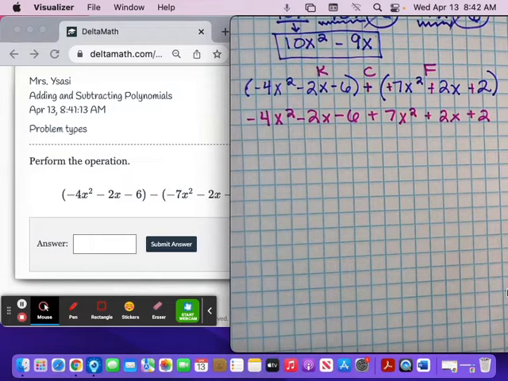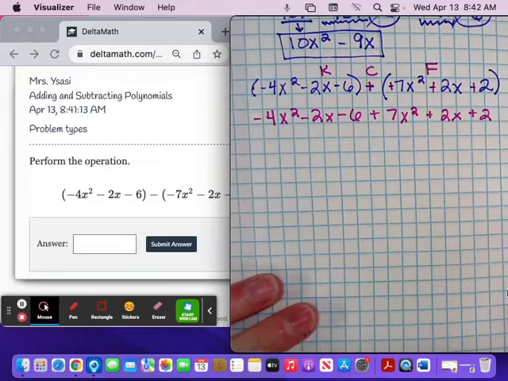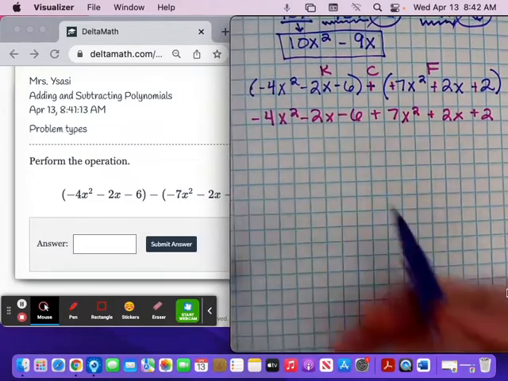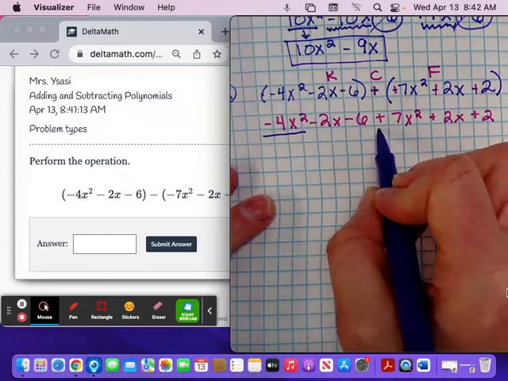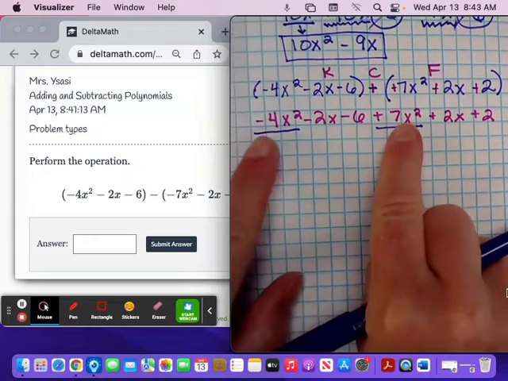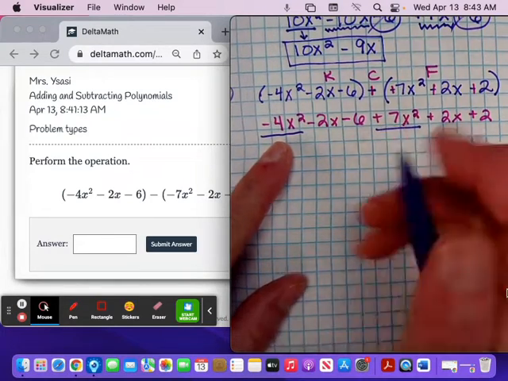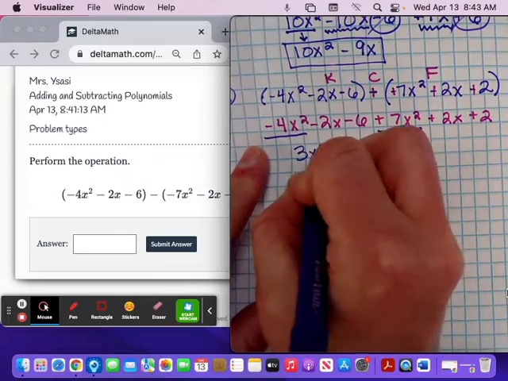And now we'll do the same thing by combining our like terms. Start out with the highest degree, which in this case would be our x squareds. So we have a negative 4x squared and a positive 7x squared. See how they're different signs? We subtract them and keep the sign of the larger. So 7 minus 4 is 3. 7 is our larger sign, so it's 3x squared.